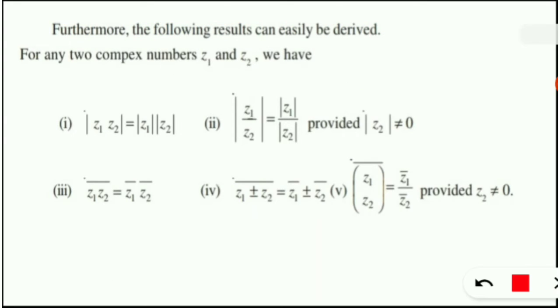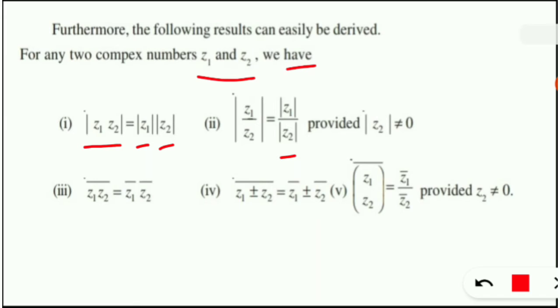Now remember these results. For any two complex numbers z1 and z2, we have mod z1 z2 equals mod z1 into mod z2. Okay, this is the first result. Second result, mod of z1 by z2 equals mod z1 divided by mod z2, provided z2 not equal to 0. Clear?